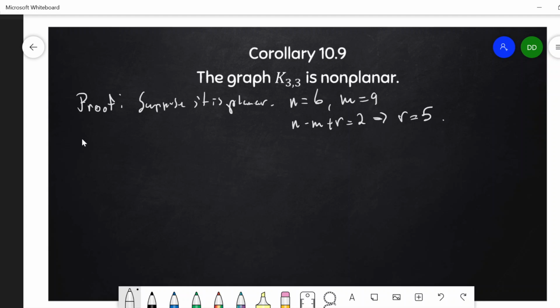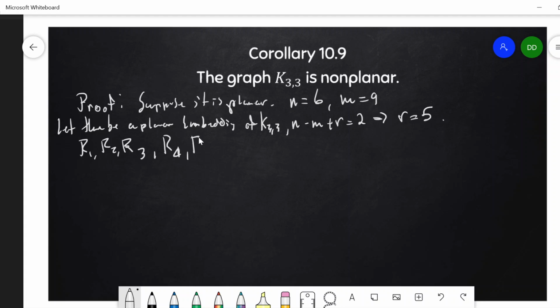So if it's planar, then we have 5 regions, and let's call them R1, R2, R3, and so on. So we'll say let there be a planar embedding of K33. Then we would have 5 regions for K33.